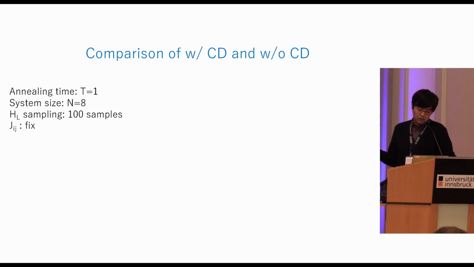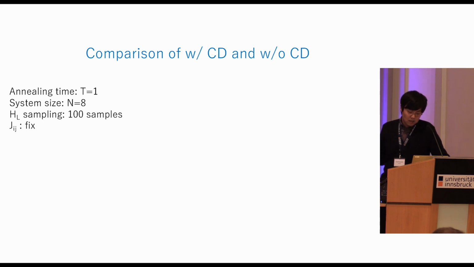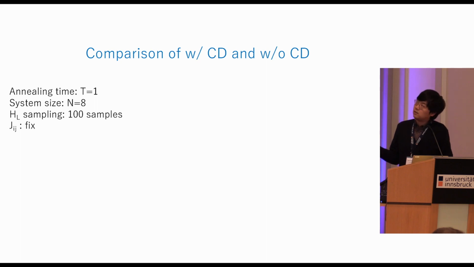Next, we show the results of the quantum annealing. Here, the annealing time is equal to 1, and the system size is equal to 8. And we perform 100 samples for the random longitudinal field, both with the counter-diabatic term and without the counter-diabatic term.